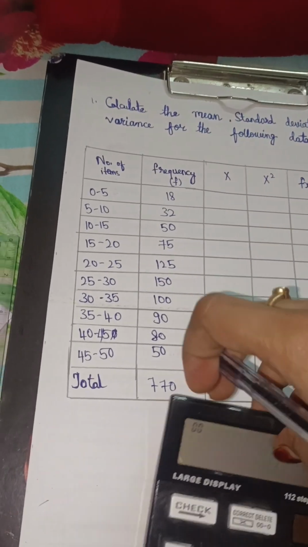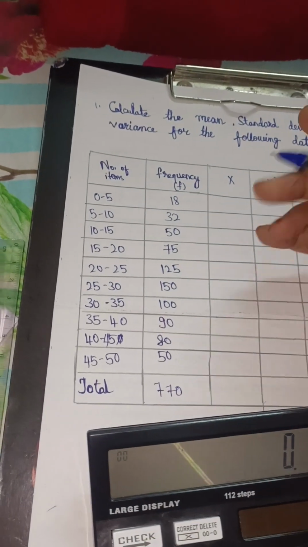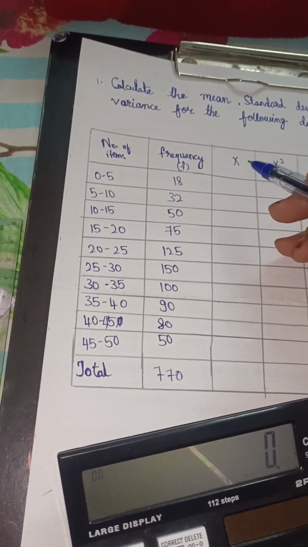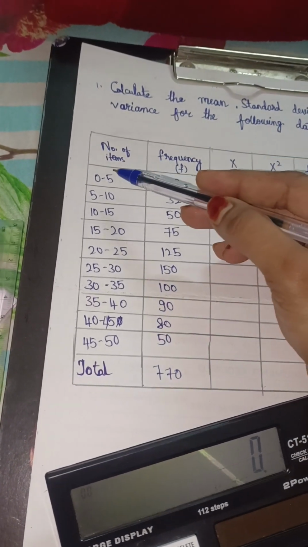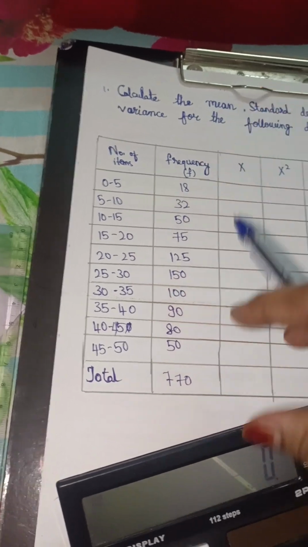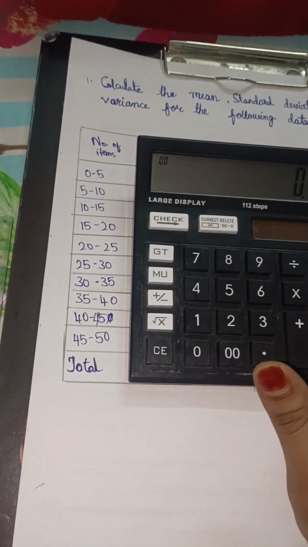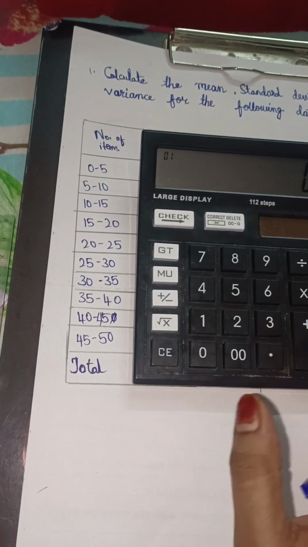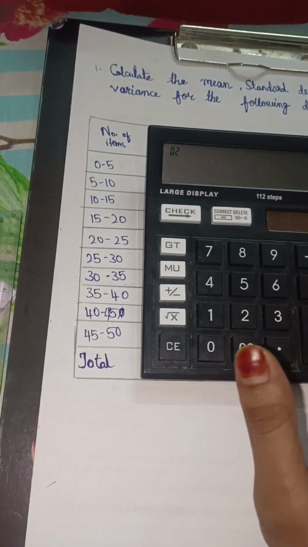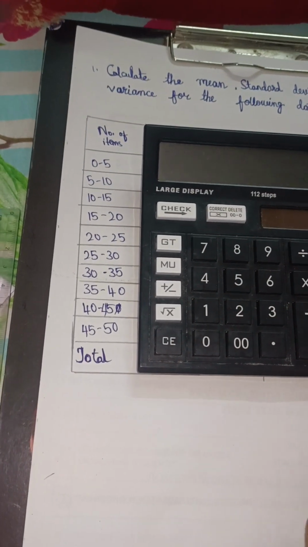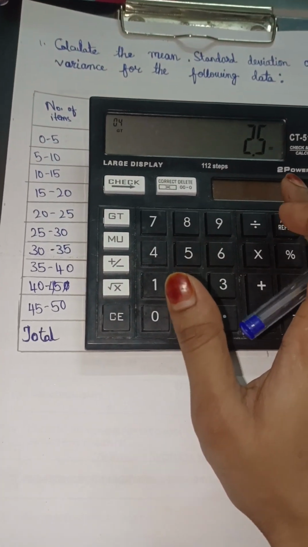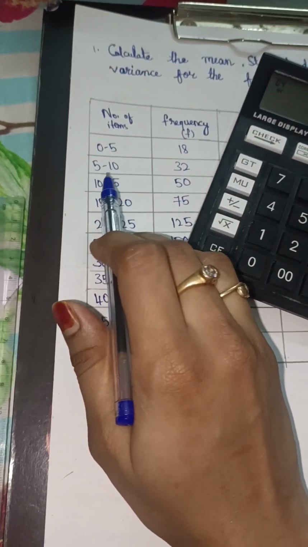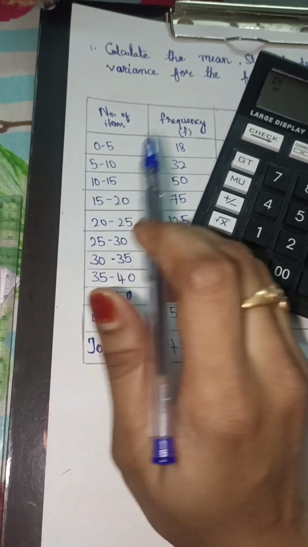Okay, so the next thing is we have to find out the x. To find out x, the only thing that we have to do is to find out the midpoint of this term. To find out the midpoint, the formula is 0 plus 5 divided by 2. So here we have found the midpoint. So you just need to add both the terms and divide it by 2.